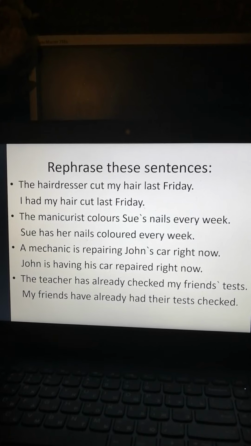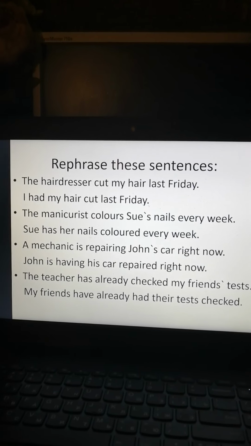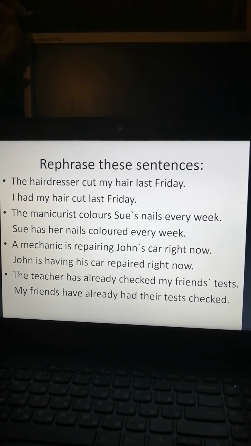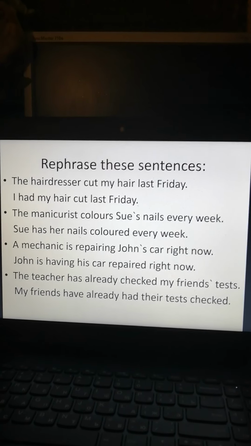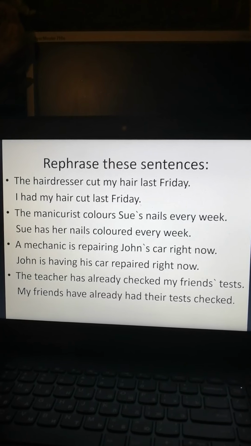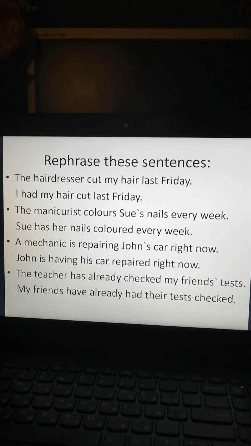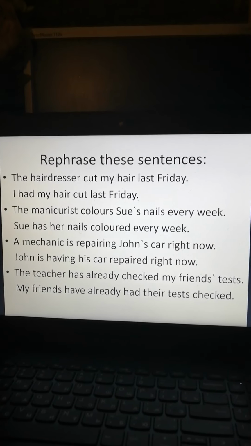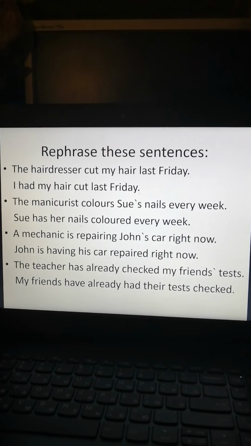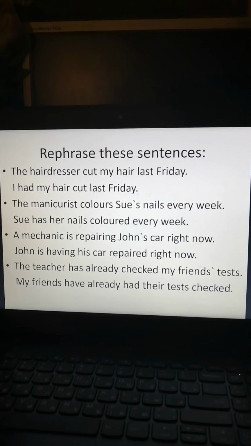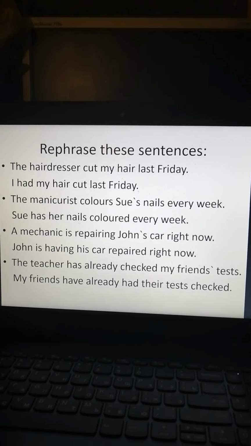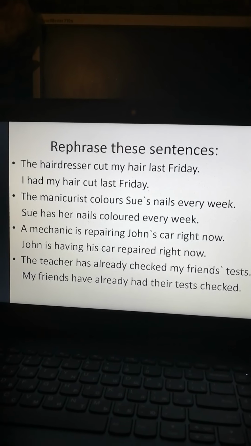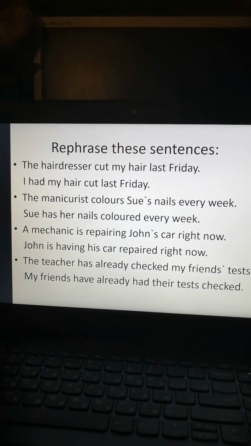Now, I would like you to have a look at sentences number 2, which you completed, and try to guess what they all have in common. I had my hair cut last Friday. Sue has her nails colored every week. Johnny's having his car repaired right now.